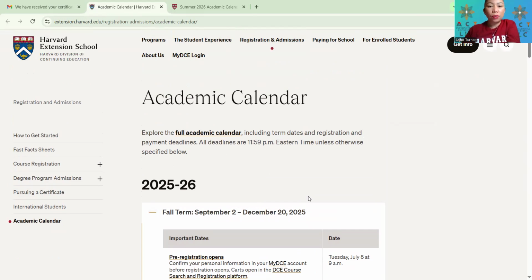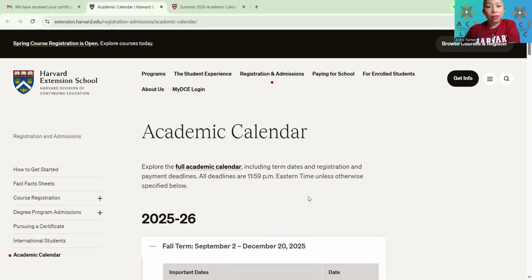Harvard Extension School is a very great school to get started with your Harvard University journey. If you don't know where to start, just get all the information online and it will share specific information with you. And if not, you can always reach out to the different contact numbers and information presented on the website.